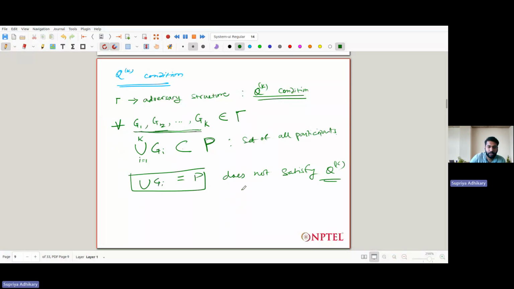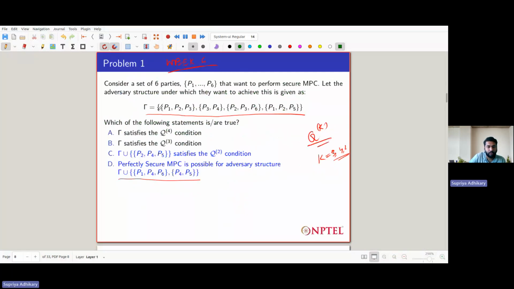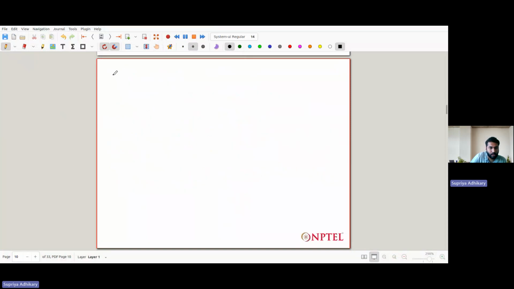Now, in the question, we have to check whether this given gamma satisfies the Q2, Q4 condition or not. So let's write down the gamma here.